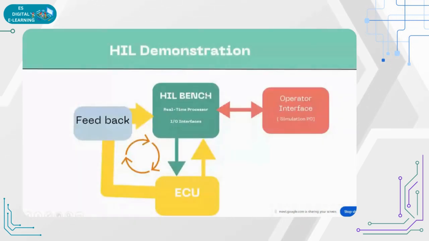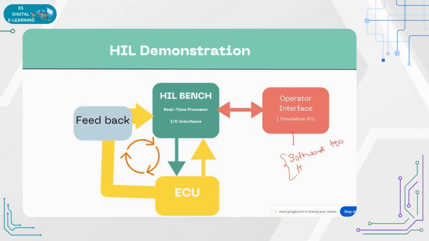Next, how does this work in real time? We have the operator interface, which is the software tools and the hardware things that we are controlling, and we give this to the HIL bench. A HIL bench is something like dSPACE, NI, OPAL-RT, Speedgoat, and so on.